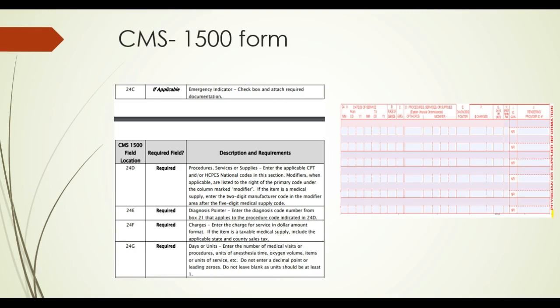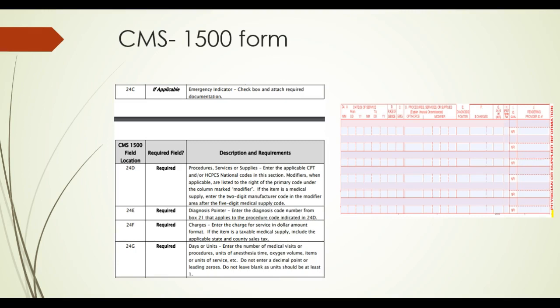All right. So again, 24D is for your procedures, services, and supplies. And this is just some examples of the commonly used modifiers, because you might have to use a modifier on your CPT code.